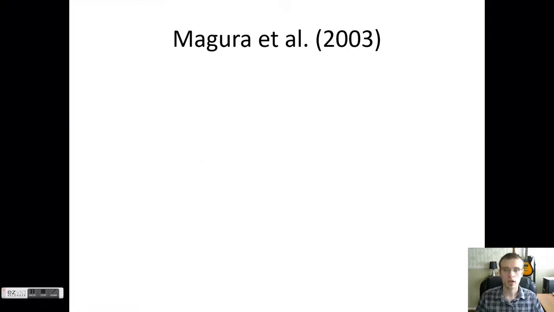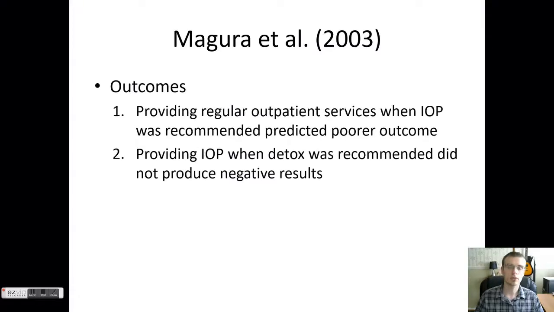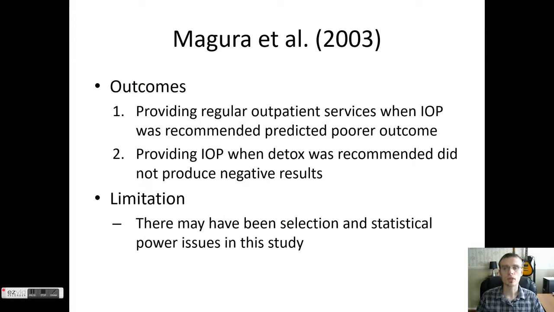And basically, what they found were a couple of important things noted in this study. One was that providing regular outpatient services when IOP was recommended predicted poor outcomes. So they actually did find that putting someone in IOP if they need IOP was pretty important to do. Another interesting thing they found was that providing IOP when detox was recommended did not produce negative results, which is a very strange thing, right?